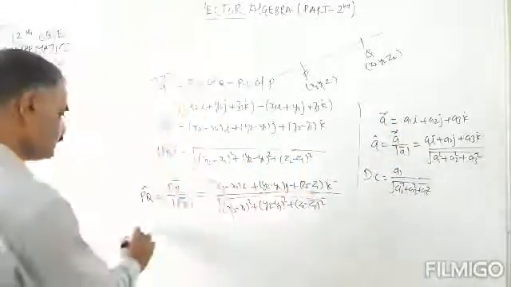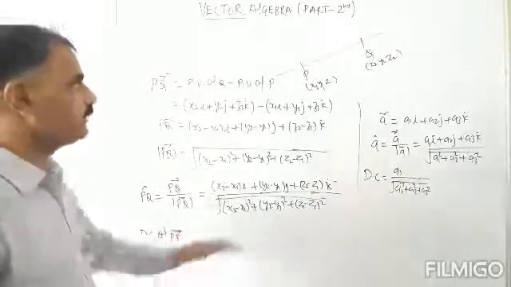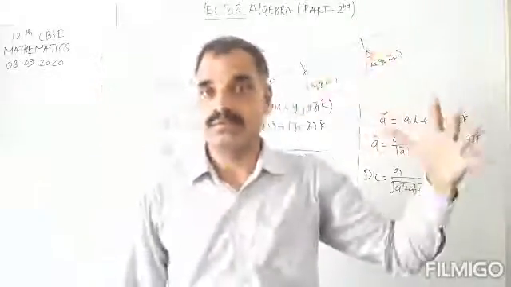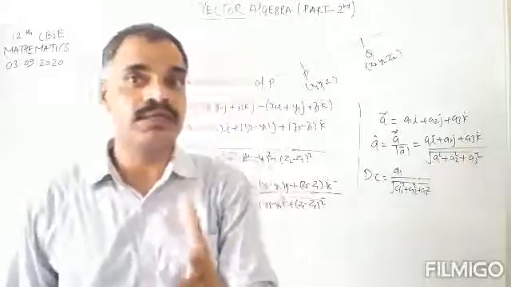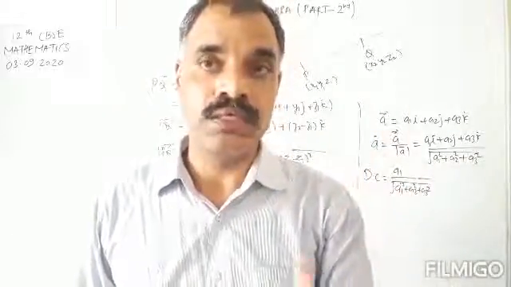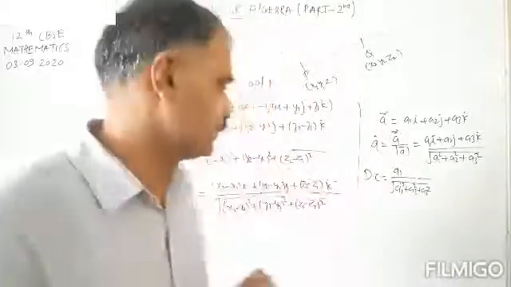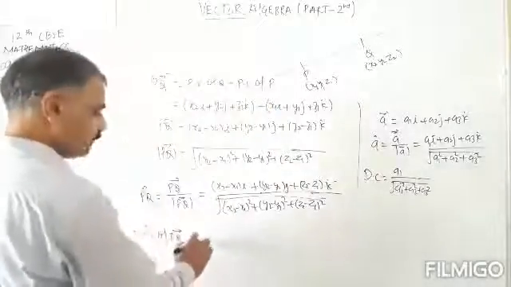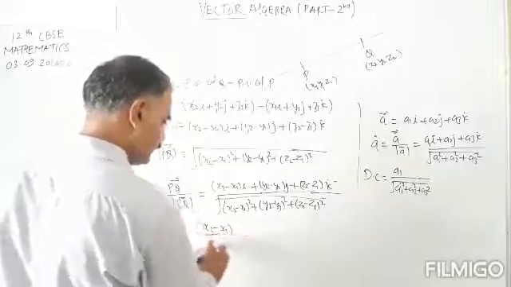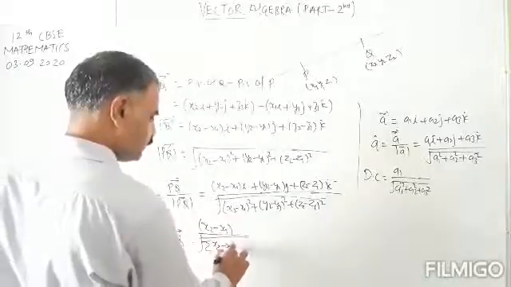Now finding the direction cosines, that is finding the scalar components. The direction cosines of PQ vector, meaning a line segment joining the two points P and Q whose endpoints are x1 y1 z1 and x2 y2 z2, are x2 minus x1 divided by under root summation of (x2 minus x1) square.